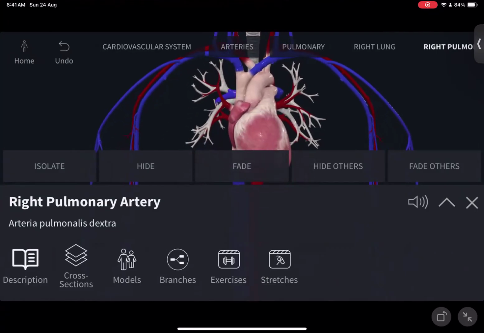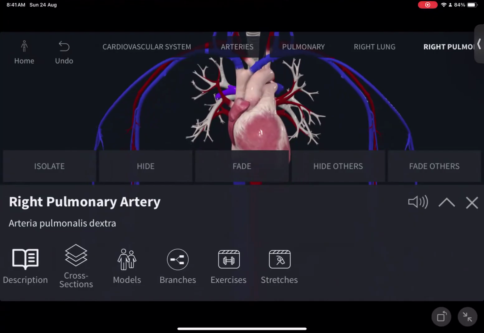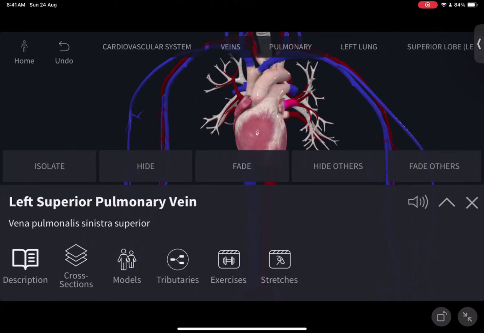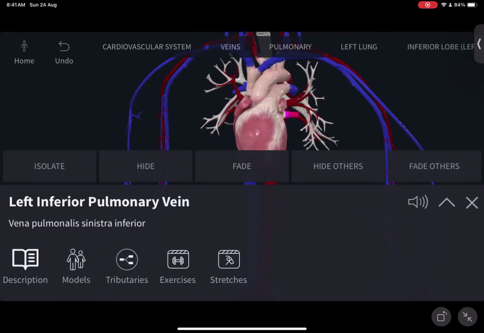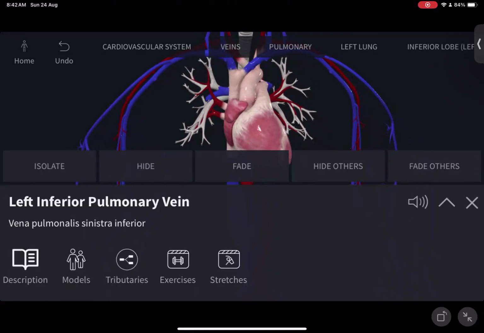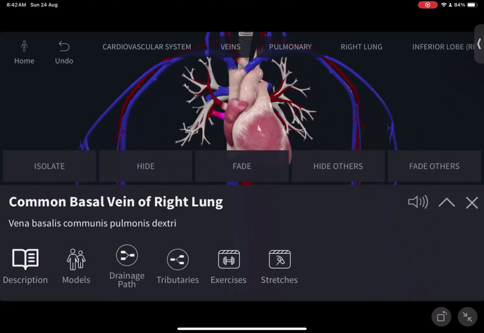So what you see highlighted in purple is basically the right pulmonary artery, and this side is the left pulmonary artery. Then below here you can see one of the left pulmonary veins, and here is the second left pulmonary vein. This way also you can see the superior right pulmonary vein and the left superior pulmonary vein.